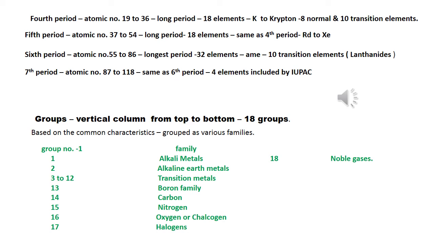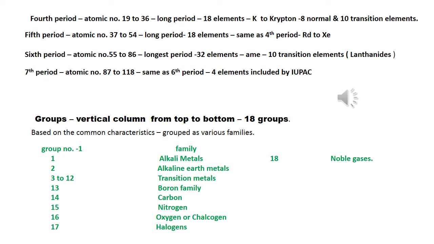Group number 1, that is, vertical column number 1, the family name is alkali metals. Group number 2, alkaline earth metals.